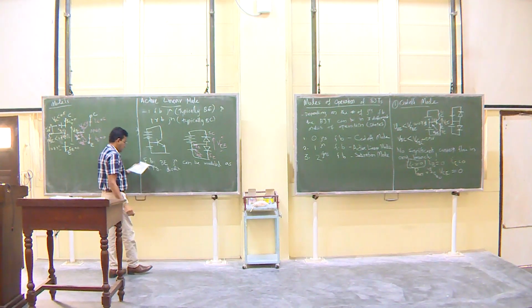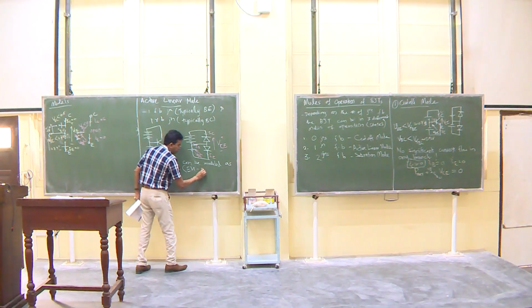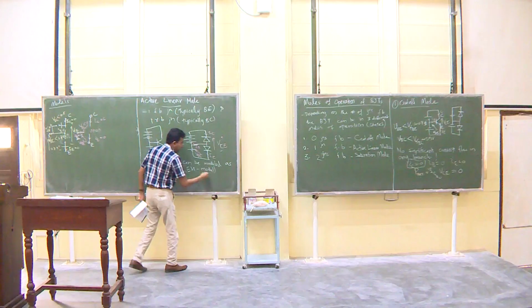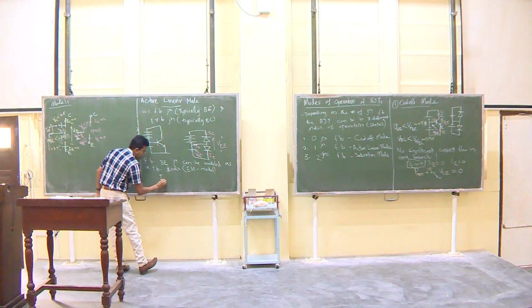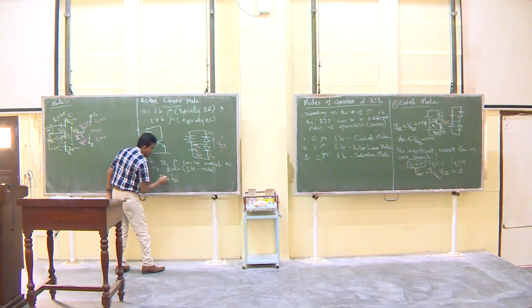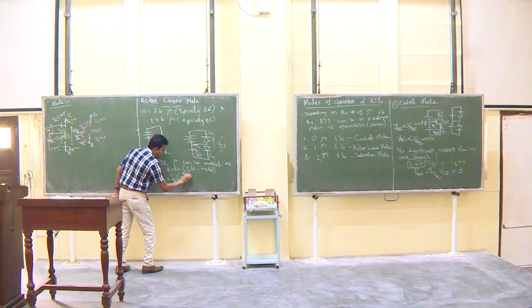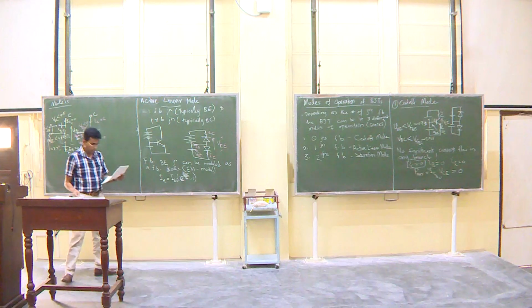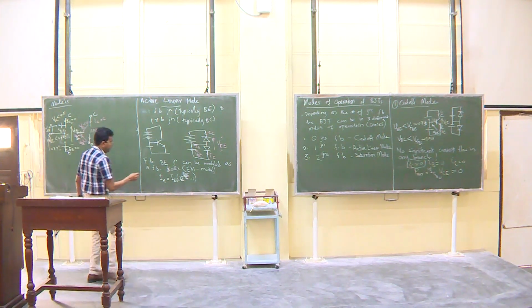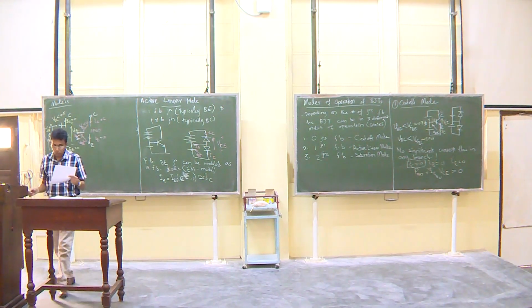So this is the Ebers-Moll EM model. You can model it using that. That means IE is equal to the reverse saturation current times e to the VBE divided by V thermal, minus 1, which is roughly equal to IC. So, this holds for that.